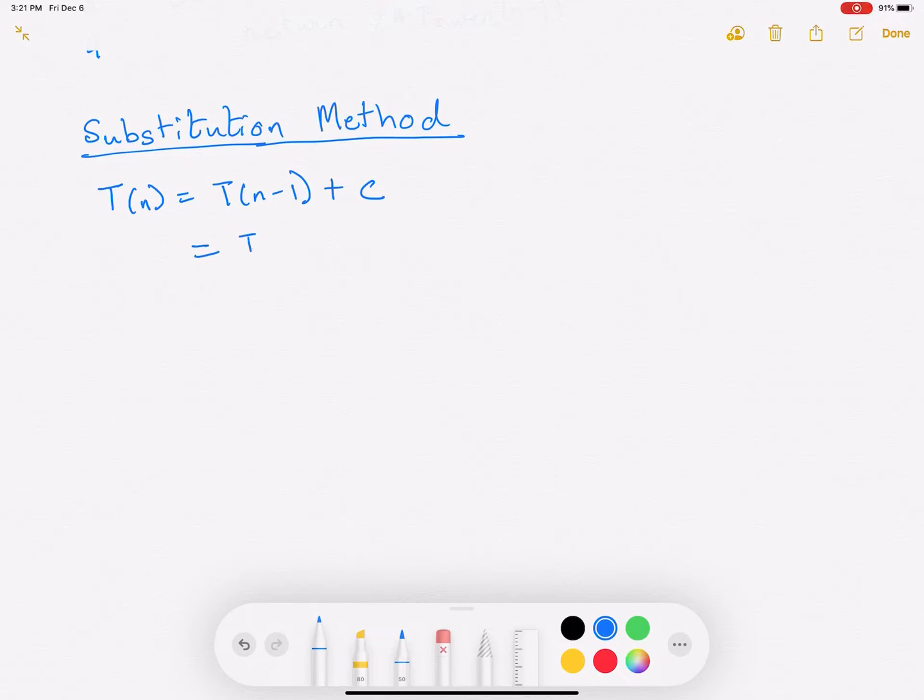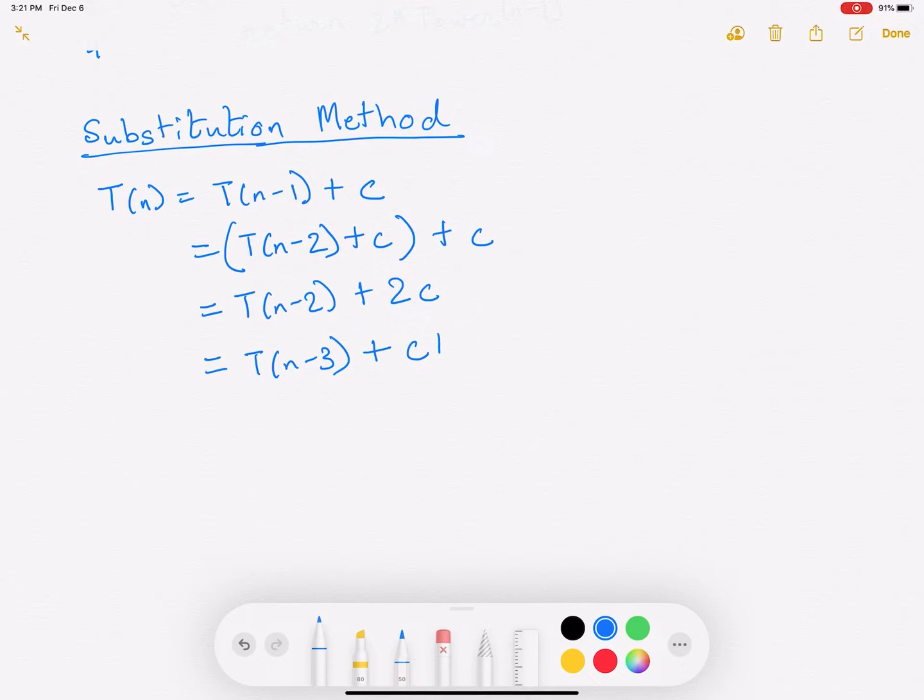We can write T(n minus 1) as T(n minus 2) plus c plus c. Now this is essentially T(n minus 2) plus 2c. Continuing this, we will have T(n minus 3) plus c plus 2c, which is essentially T(n minus 3) plus 3c.